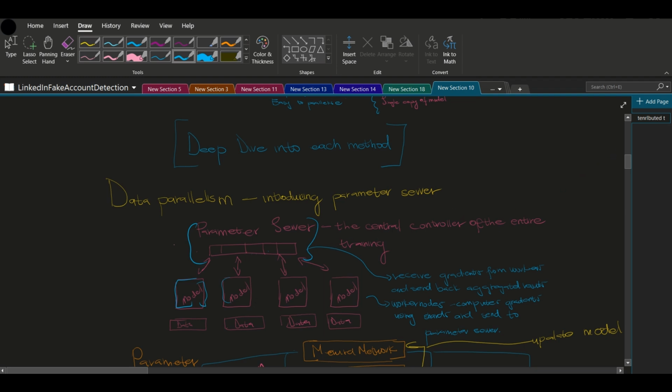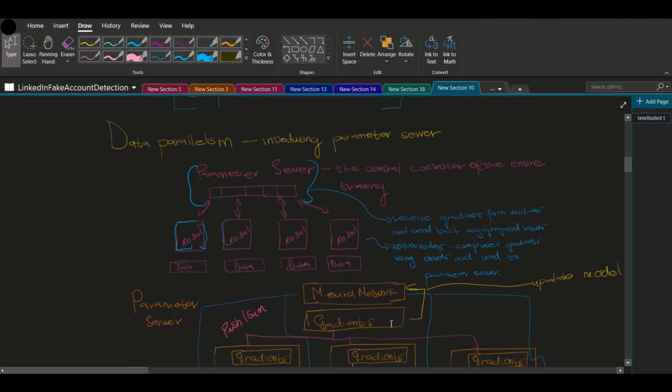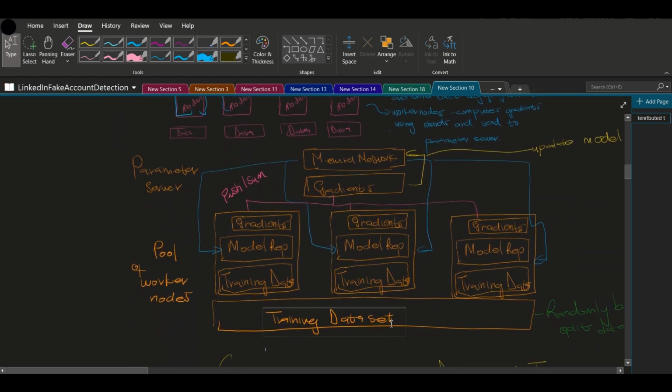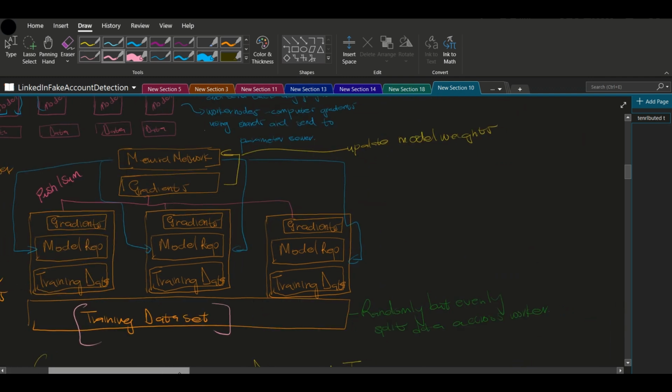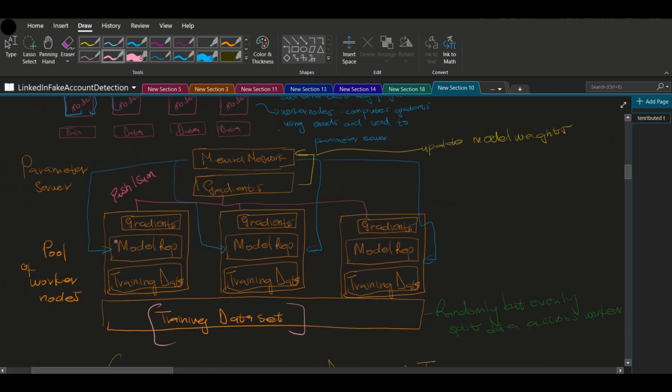Okay, so this is the center of control of the training overall. How this works is that we have a training data set, right? Which we split randomly but evenly across these workers. So we have a pool of workers, and each worker is holding a copy of the model, right?